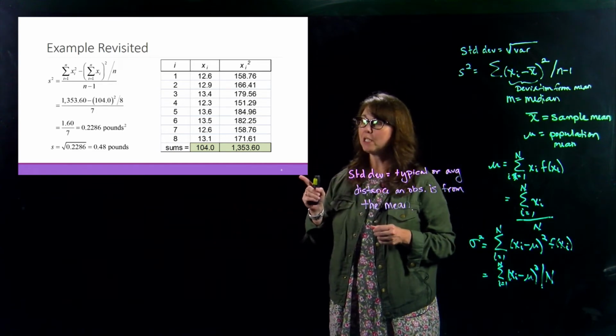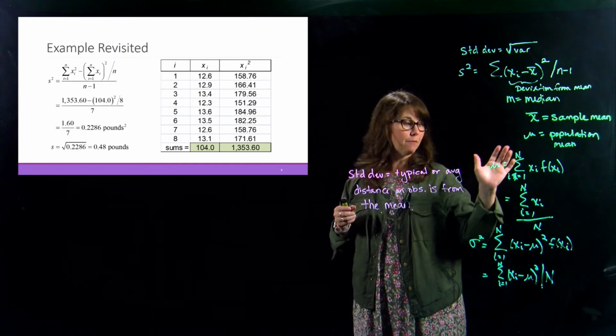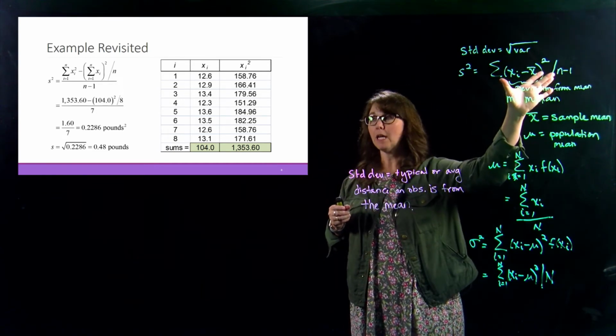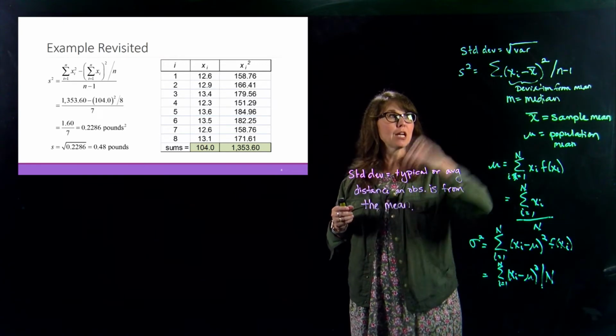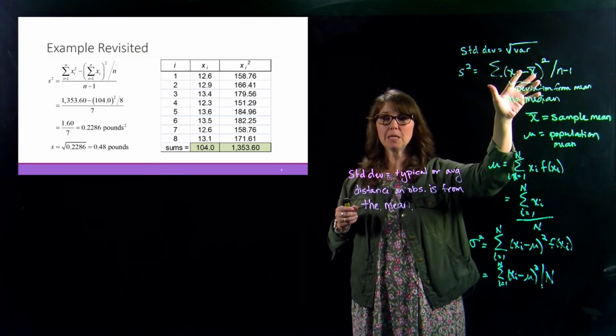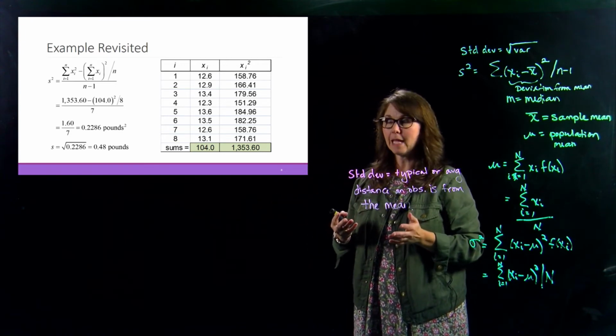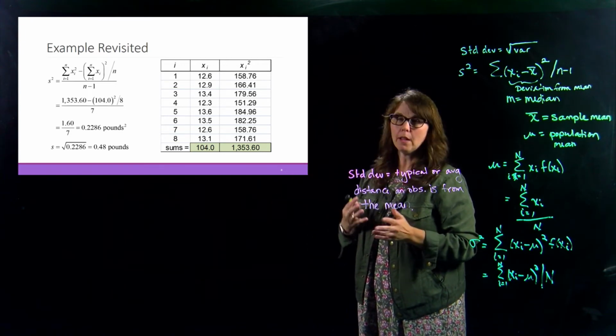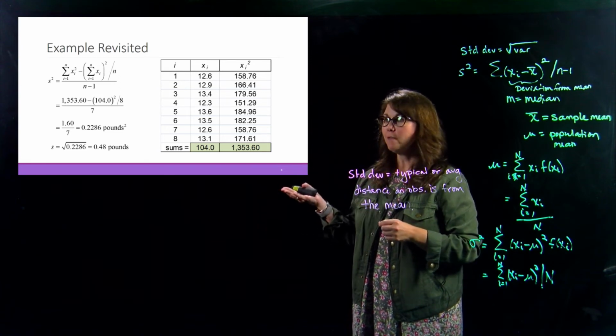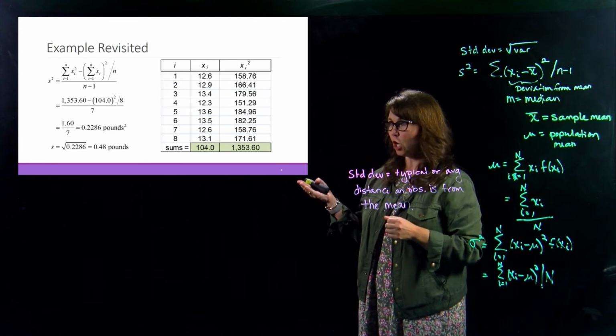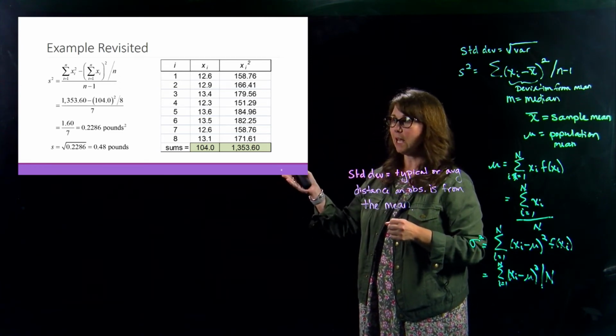The only difference is that instead of using this definition form that you see right here, you can actually just do some algebraic manipulation to make it a little bit easier to work with if you wanted to do it by hand. And so this is just what we call a computational form of the standard deviation and the variance. So notice that it's the same set of data.